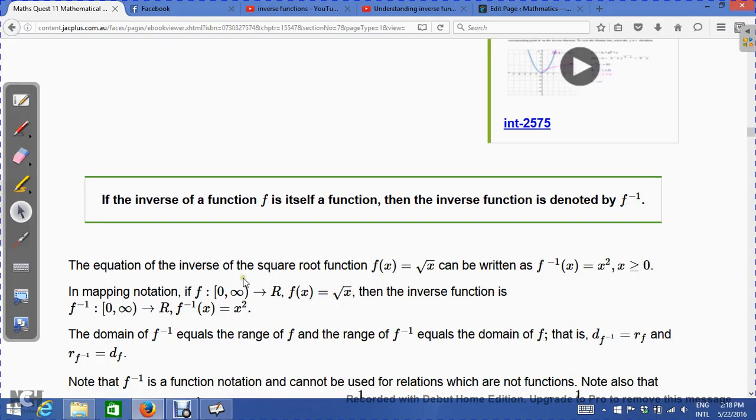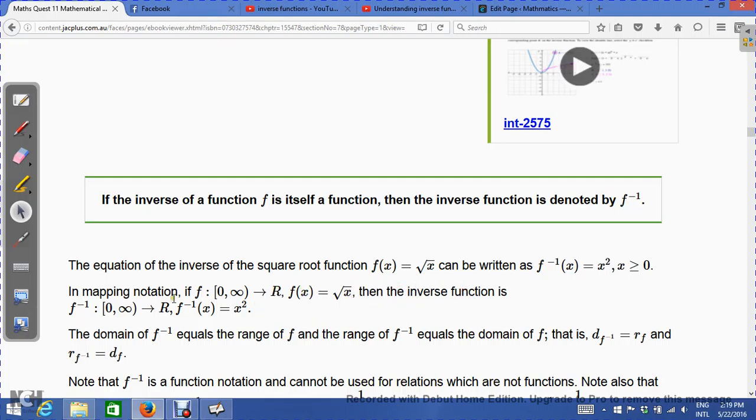So the equation of the inverse of the square root function can be written as f minus 1 of x, which is x squared. In mapping notation, f of x, we said, goes from 0 to infinity for our square root function. And that's part of the codomain of all real numbers.